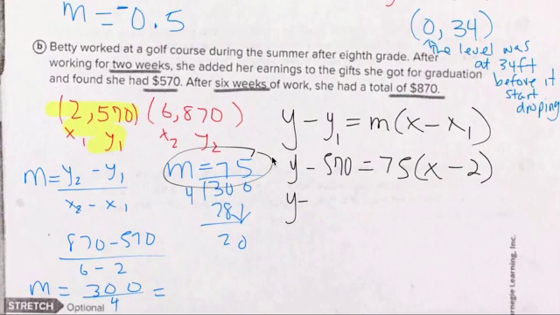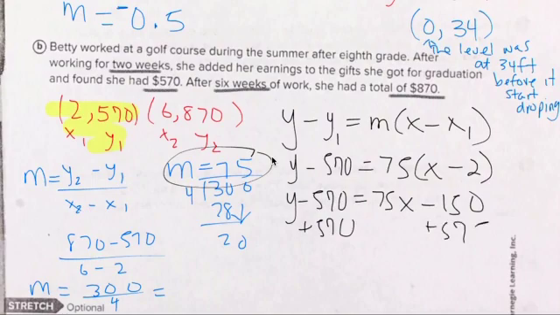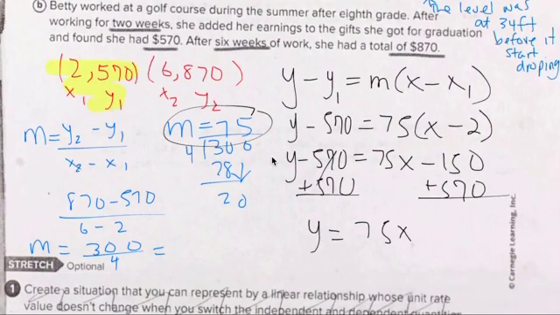Y minus 570 equals 75x minus 150, because twice 75 is 150, right? Add 570. Oops, not 575, 570. Okay, you get y equals 75x, and then subtract, 0, 2, 4.